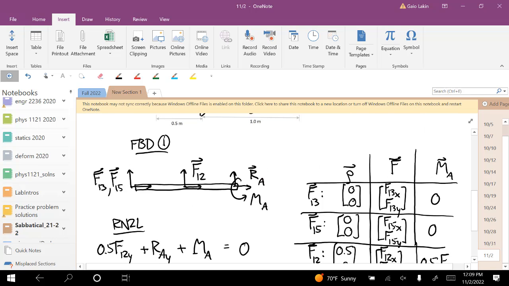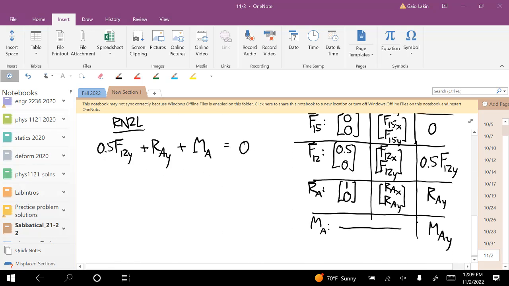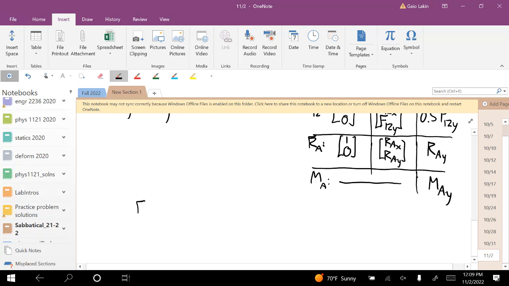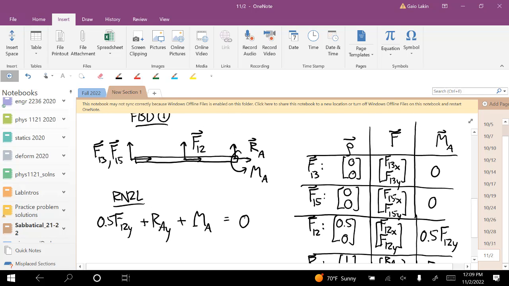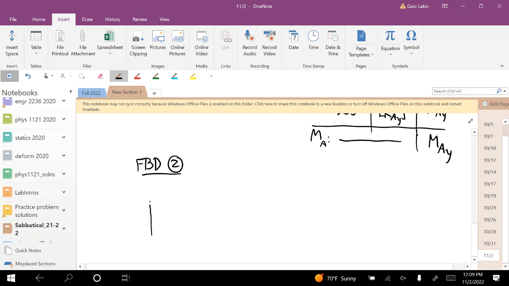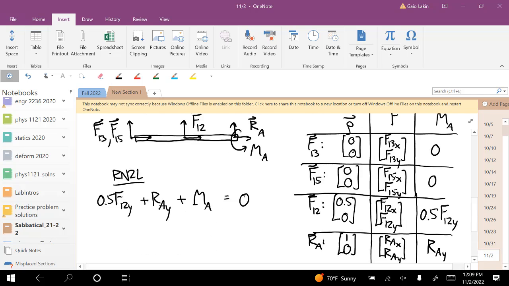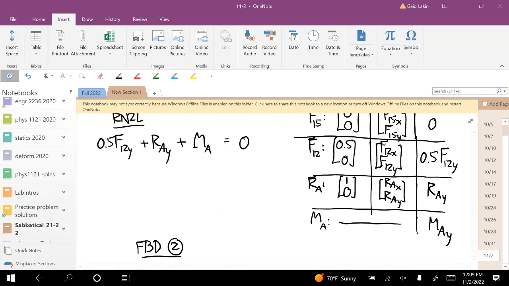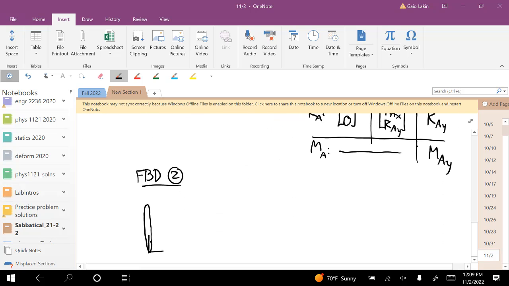Free-body diagram. Okay. You might have done the cross product wrong for F1. Okay, so we should have negative F12 at the bottom.